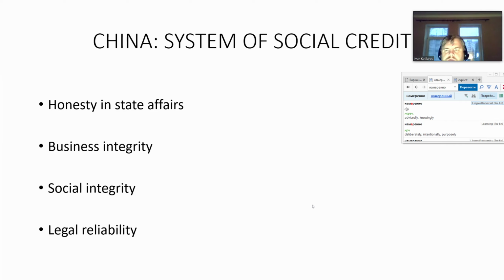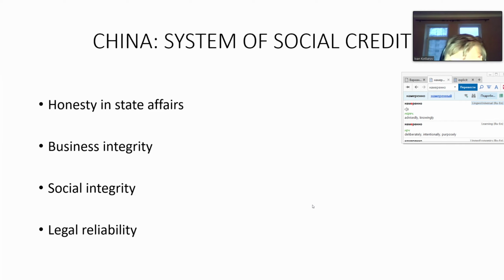The four key goals of the system of social credit are honesty in state affairs. To put it simply, you should be loyal to the party, etc. As you understand, China is ruled by the Communist Party, and the party plays an important role in the political life of this great country. Business integrity, obviously. You should be a reliable business partner. Social integrity. Your social behavior should be worthy of approval, I would say.